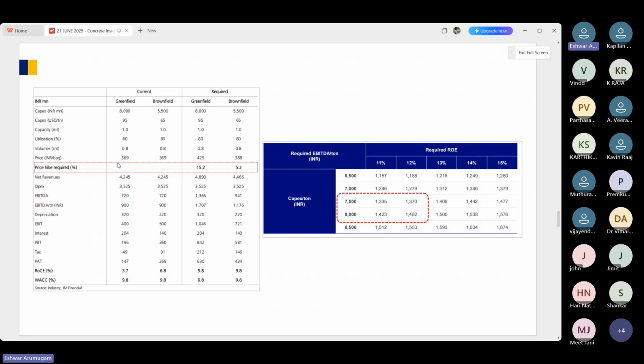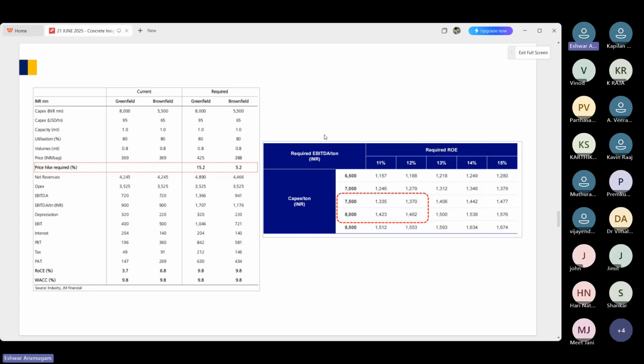Greenfield capacity is essentially the capacity which you build from the ground up, so it has a high gestation period of 3 to 5 years and higher capital expenditure. For brownfield capacity, where you expand the capacity in your existing plant, the price hike required is 5% to earn a ROCE of 10%.